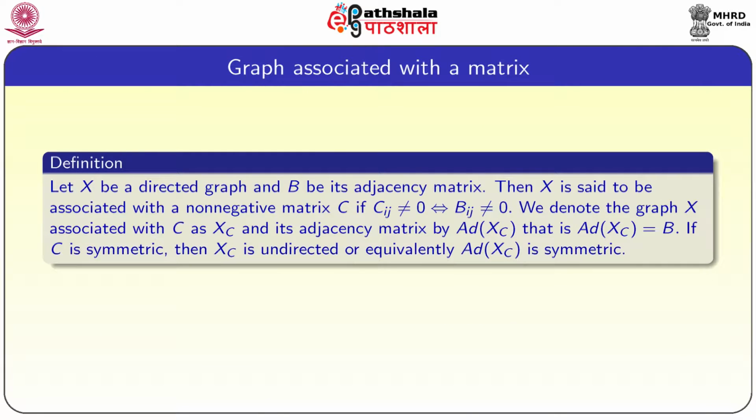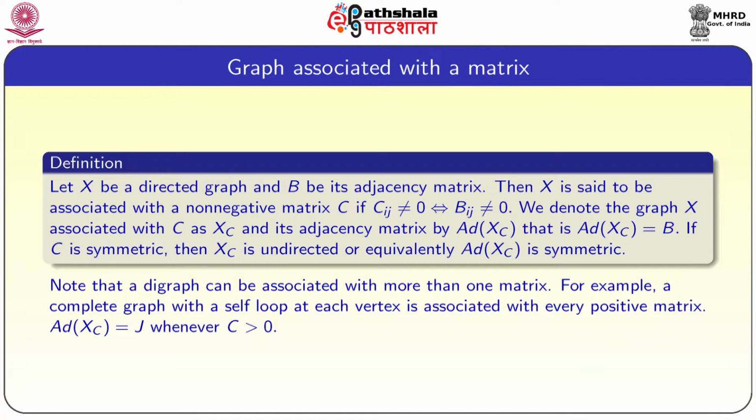We denote the digraph associated with C as XC, and its adjacency matrix is denoted by A(XC), that is A(XC) equal to B. If C is symmetric, then XC is undirected, or equivalently the adjacency matrix of XC is symmetric.